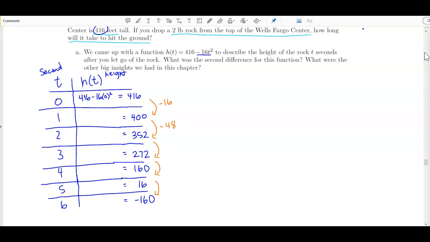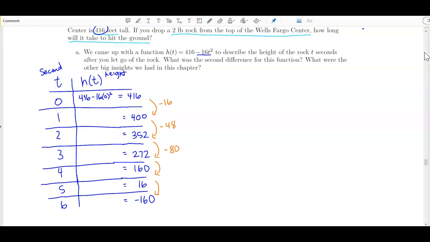So you're doing 272 minus 352. Got to subtract them in that order. Whenever somebody has that one, just unmute yourself and tell me what you came up with. So that's 272 minus 352. Negative 80. Okay, negative 80.